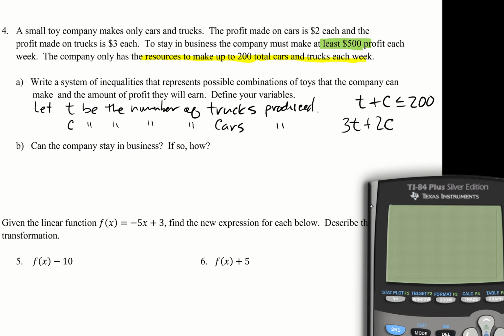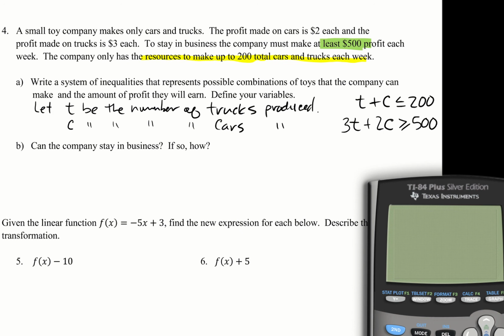The profit I'm making has to be at least $500, so $500 or more. Those are the two constraints that I have. Now, the last question is, can the company stay in business? If so, how? And there are a lot of answers there.